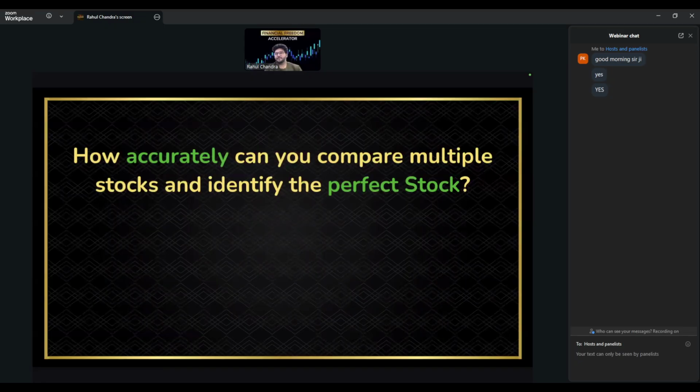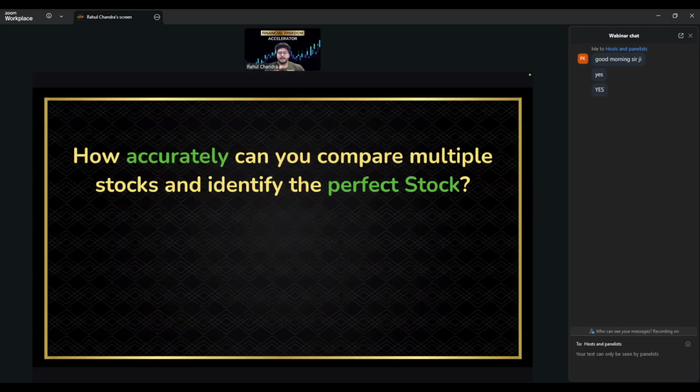So, for those of you who have not heard of it, it's a sort of decision matrix. Absolutely correct. And how does it work in our market analysis and research domain? Let me tell you how it works.